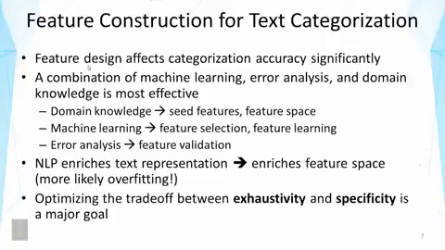That's feature learning. These features can then be further analyzed by humans through error analysis. You can look at the categorization errors and then further analyze what features can help you recover from those errors, or what features cause overfitting and cause those errors. This can lead to feature validation that would revise the feature set. And then you can iterate, and we might consider using a different feature space.